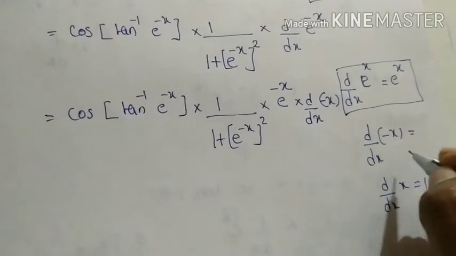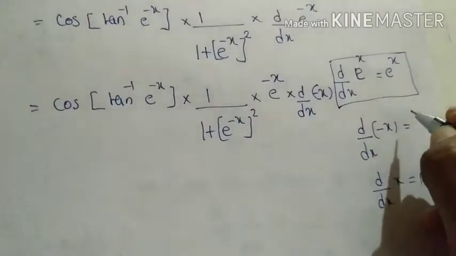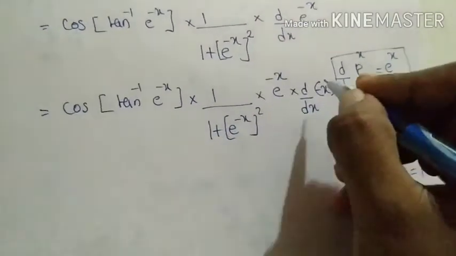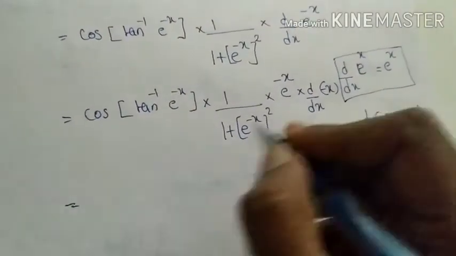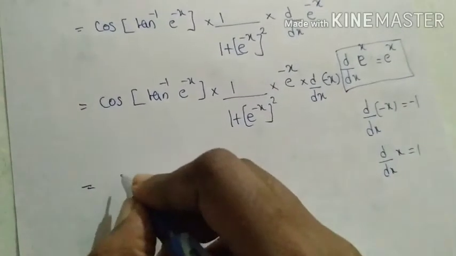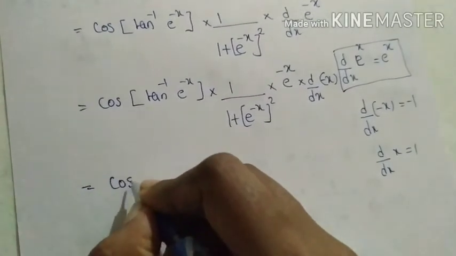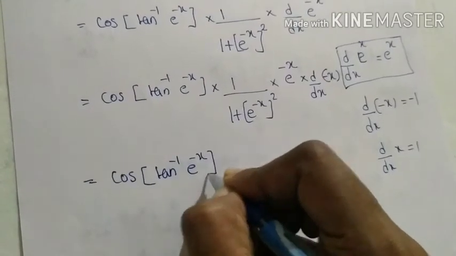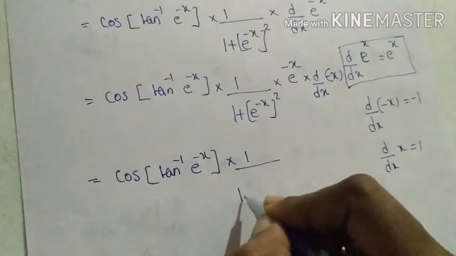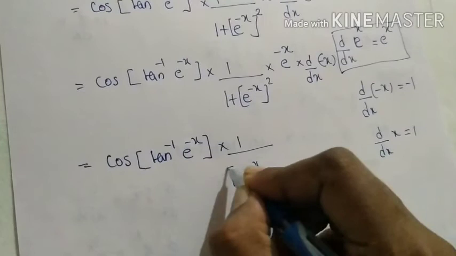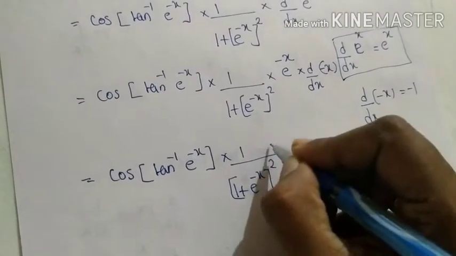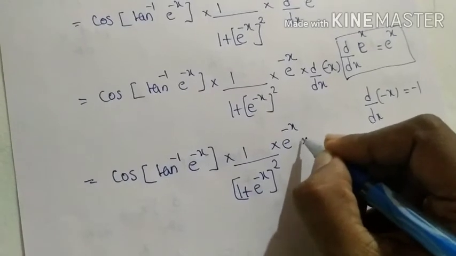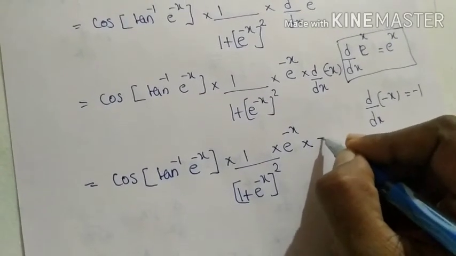So derivative of minus x is minus 1. Okay. So substituting the value of derivative of minus x here, we get cos of tan inverse of e raised to minus x into 1 divided by 1 plus e raised to minus x all square into e raised to minus x into minus 1.